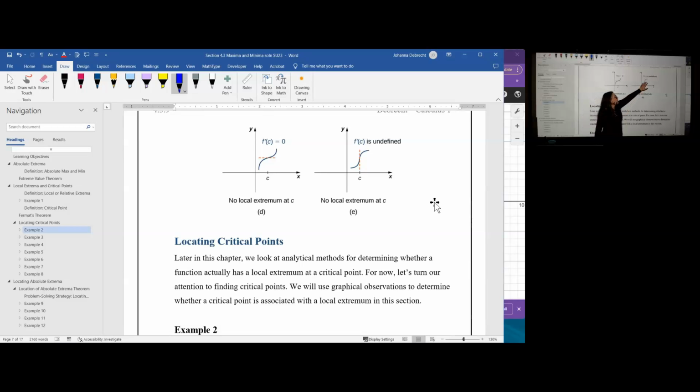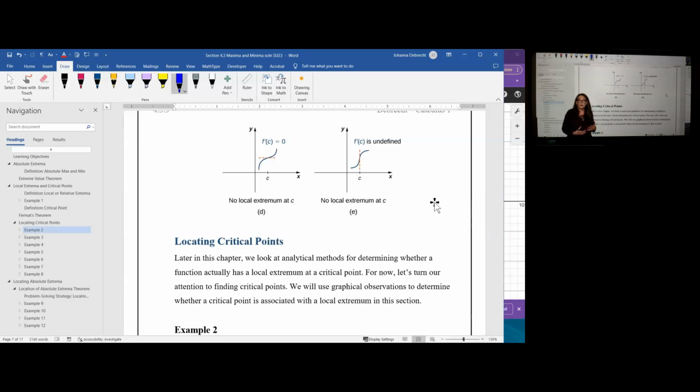And notice that while it is a critical point, this one did not turn out to be the location of an extremum value. We will learn more later on in section 4.5 about how to use critical points to predict whether the function is increasing or decreasing, and whether we have a relative maximum or relative minimum at a particular critical point, or neither.